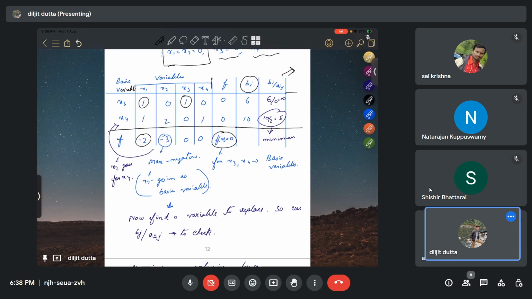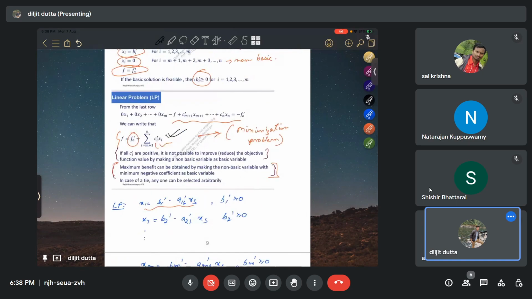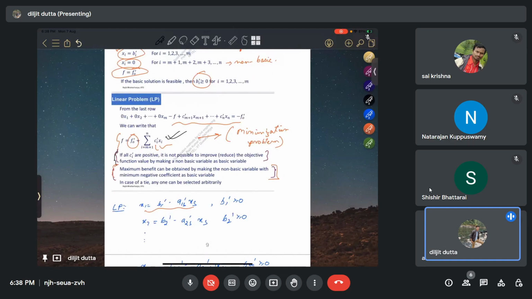Now we see that we can further optimize this solution because there is a negative coefficient, that is, the ci value is negative for the non-basic variables. If all the ci are positive, it is not possible to improve the solution, but if there is a negative ci, then we can improve the solution.